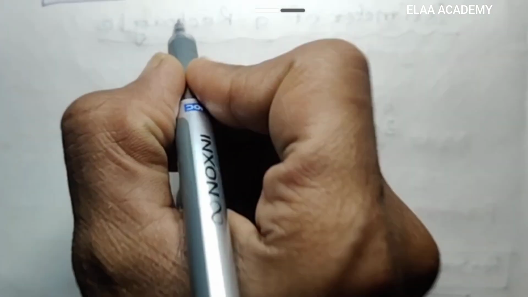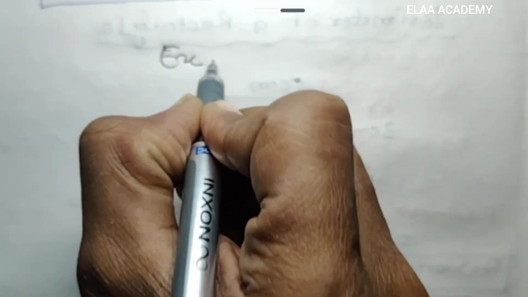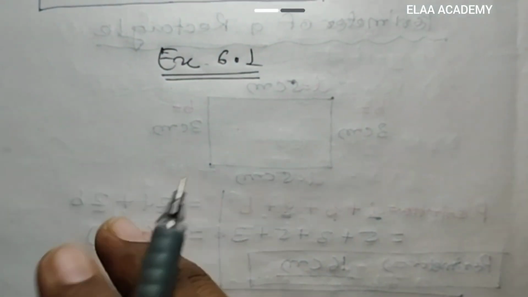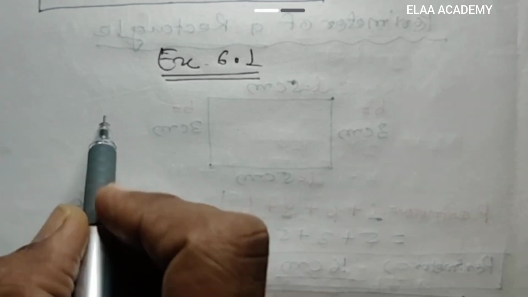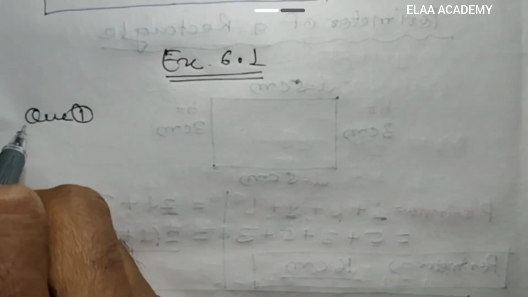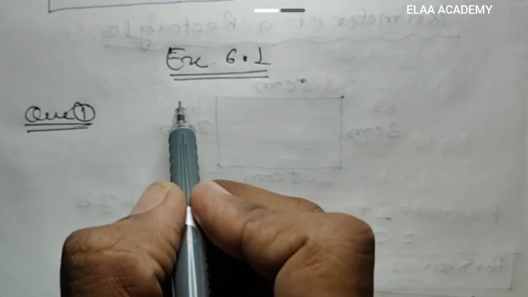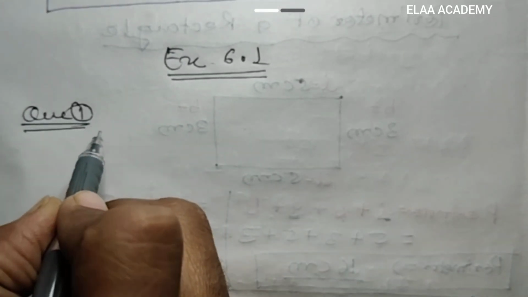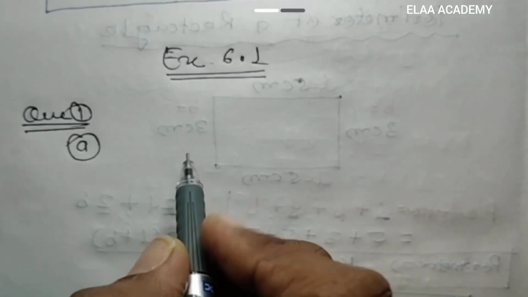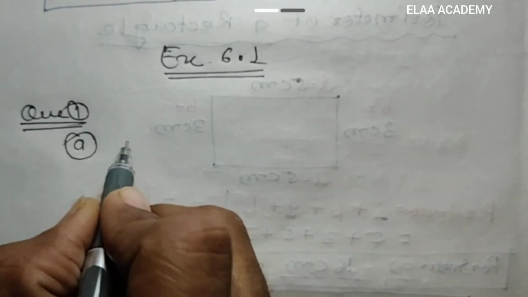First of all we have Exercise 6.1. The first question is given as: find the perimeter of the following.